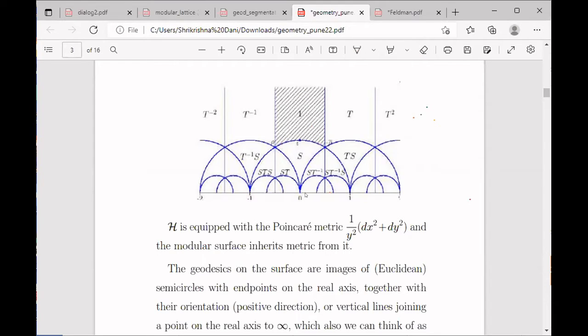If I have 2 points on the real line which are conjugate quadratic numbers, then the geodesic corresponding to this pair can be seen by very simple calculations to be a periodic geodesic. The image of this in the modular surface is a periodic trajectory. So these you can say are very simple.